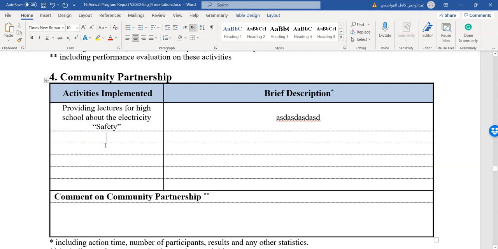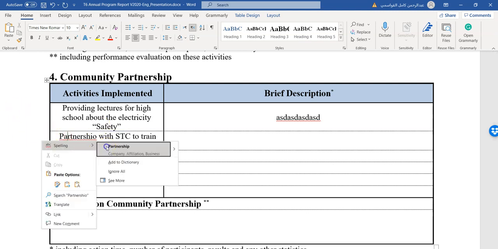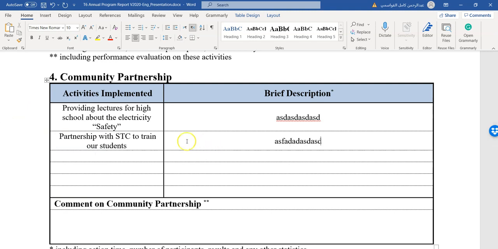Maybe you have a partnership, for example, partnership with STC to train our students, for example, and you write here your description.